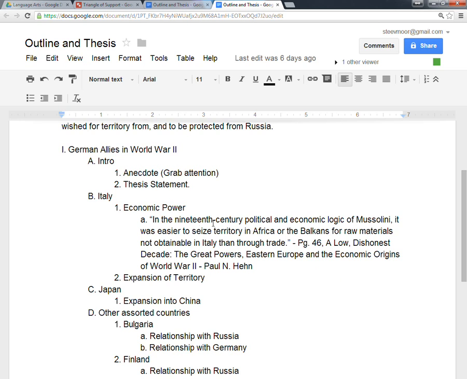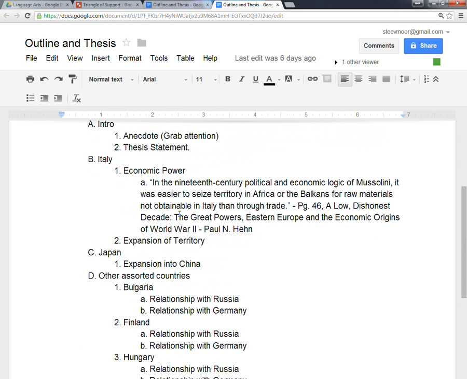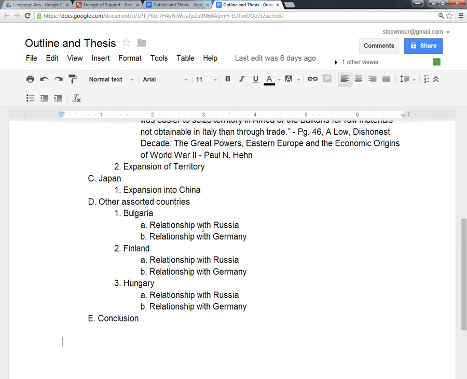So when I'm writing my sentence for this first paragraph, I'm going to intro it and say, Italy was an expanding nation that wanted more wealth to grow its economy.